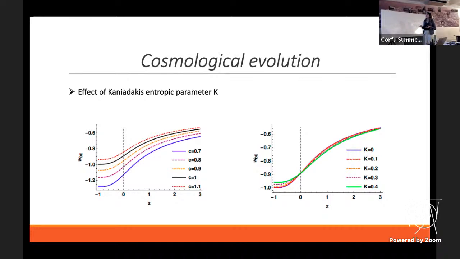Here, looking at this graph, we have the evolution of W dark energy for a fixed value of C and various different values of K. At present times, it remains unaltered, and in future times, W dark energy increases.